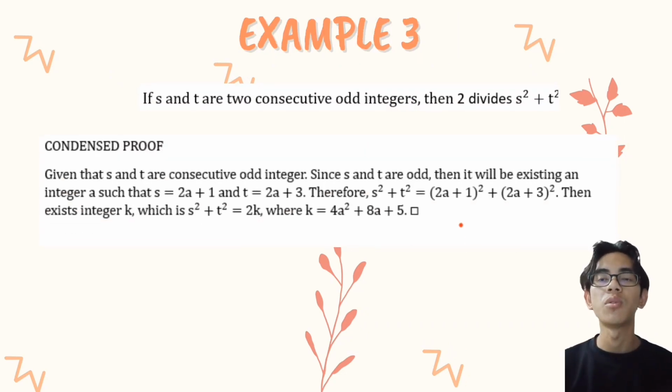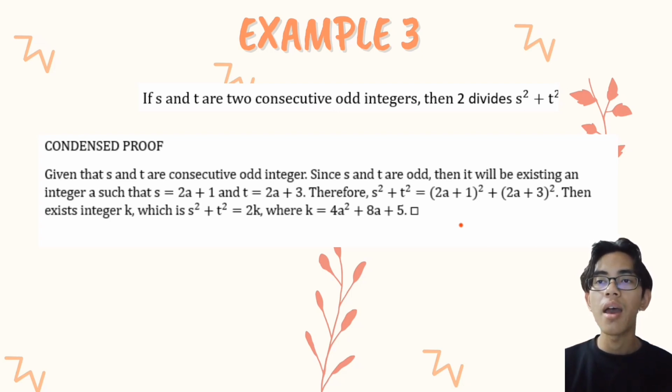Lastly, the condensed proof. So, the answer is: given that S and T are consecutive odd integers. Since S and T are odd, there exists an integer A such that S equals 2A plus 1 and T equals 2A plus 3.